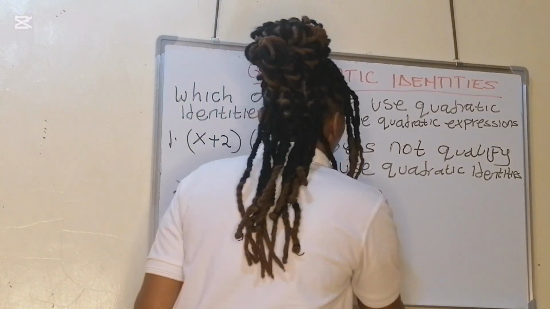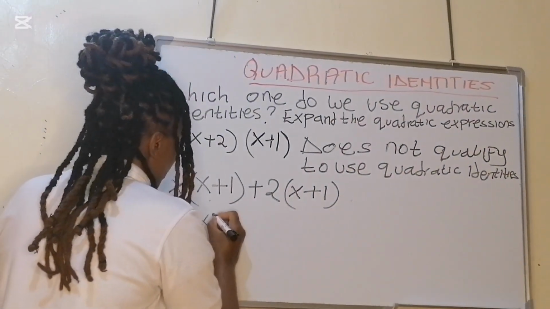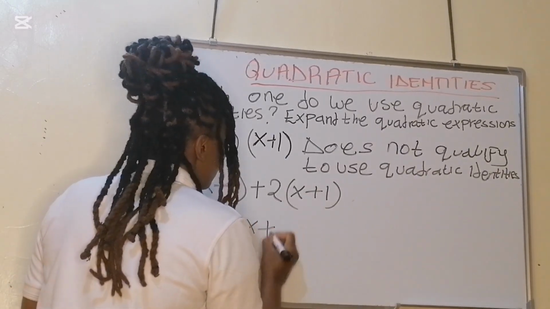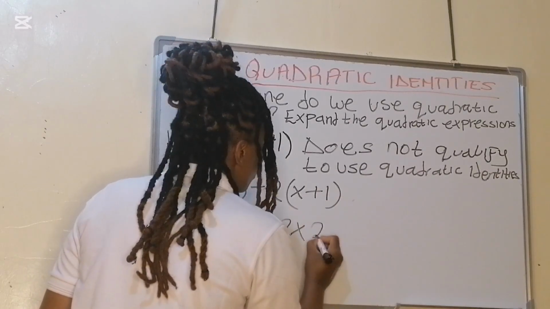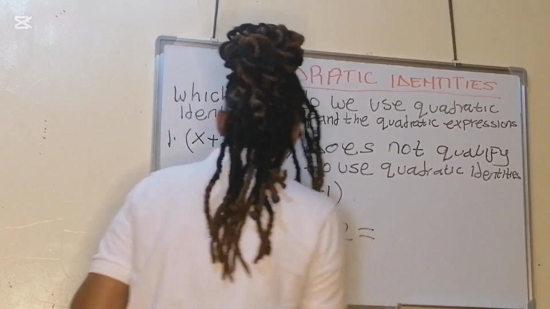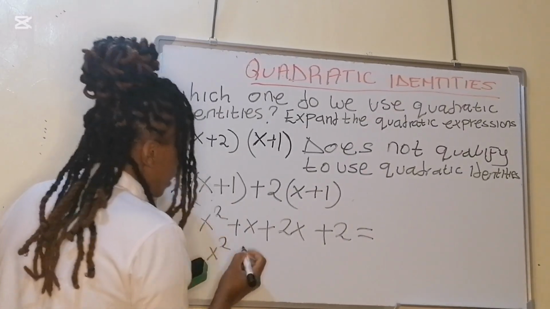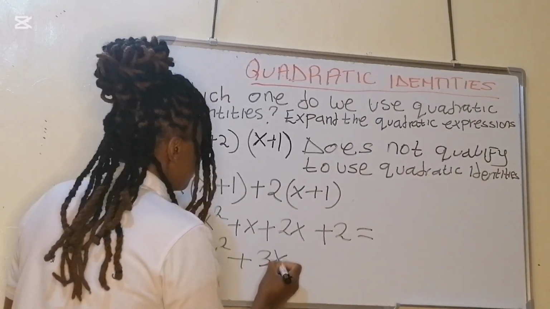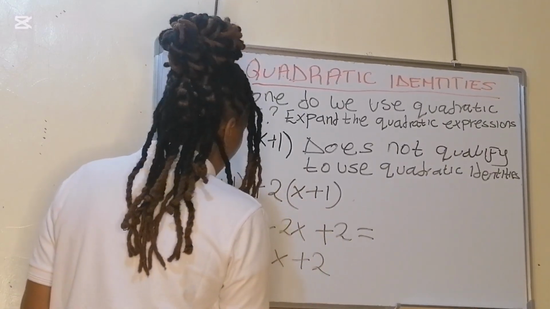What do we get? We get x times x is x squared, plus x times 1 is x, plus 2 times x is 2x, 2 times 1 is 2. So what's the answer? X squared, and we don't have like terms for it, so it's x squared, plus x plus 2x is 3x, plus 2. That is the answer.